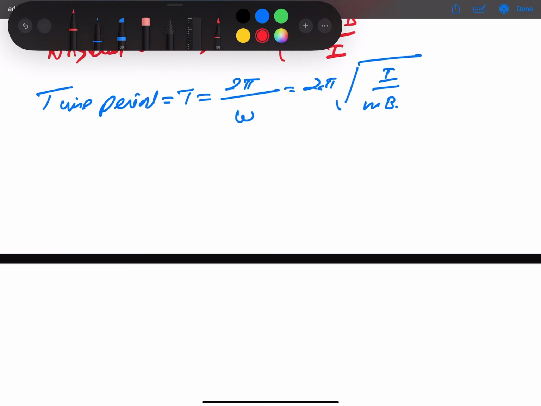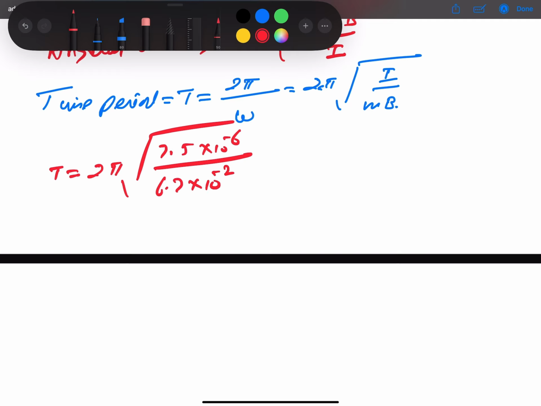We get T is equal to 2 pi square root of 7.5 into 10 to the power minus 6 divided by 6.7 into 10 to the power minus 2 times 0.01. So time period is approximately equal to 0.665 seconds. And we need it for 10 oscillations.